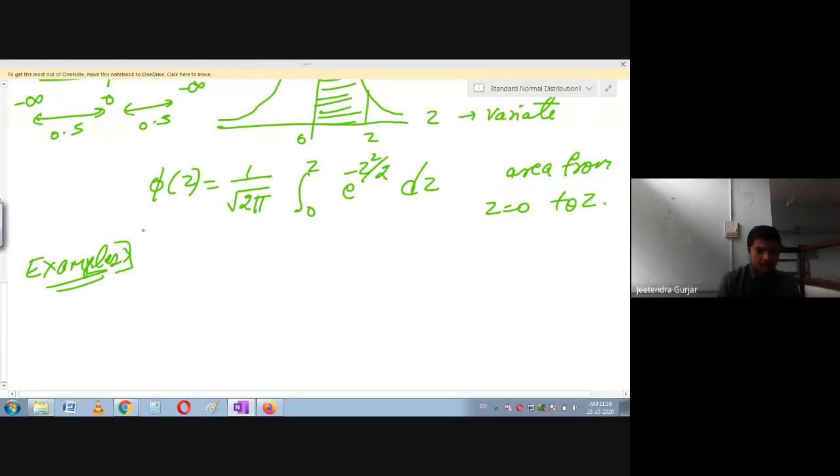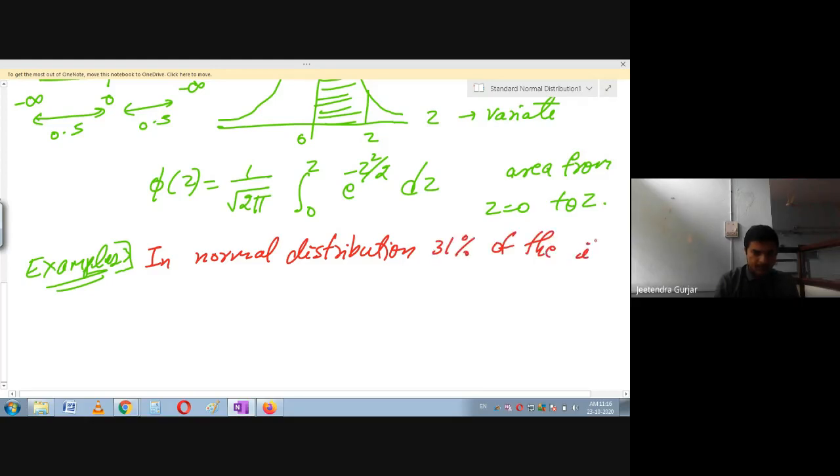In a normal distribution, 31% of the items are under 45.